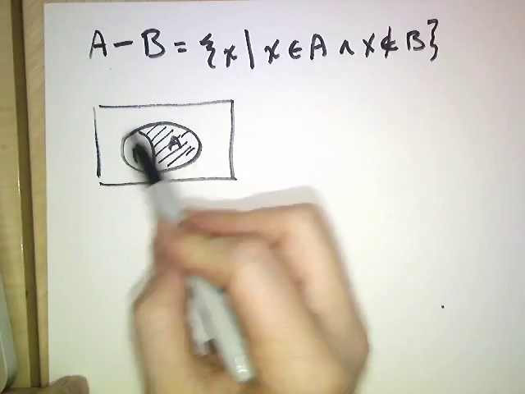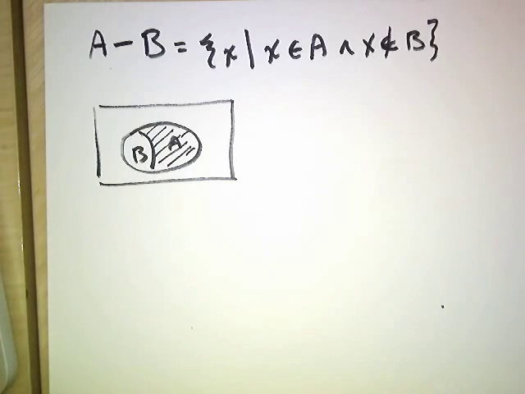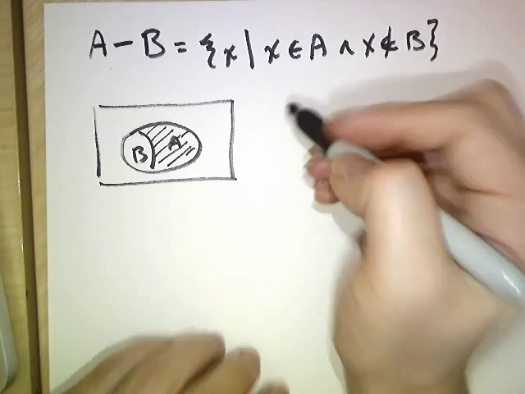It's A, and then I've cut out this subset B of A.